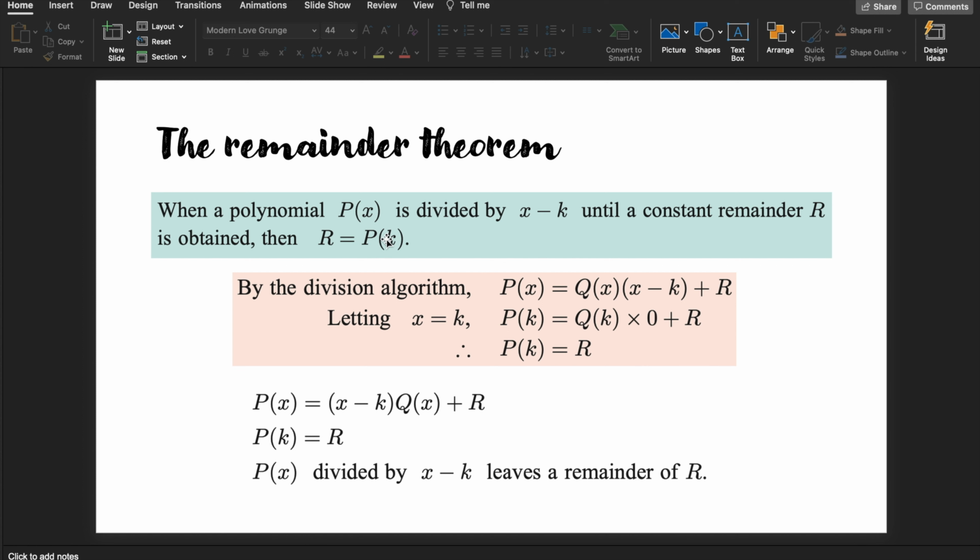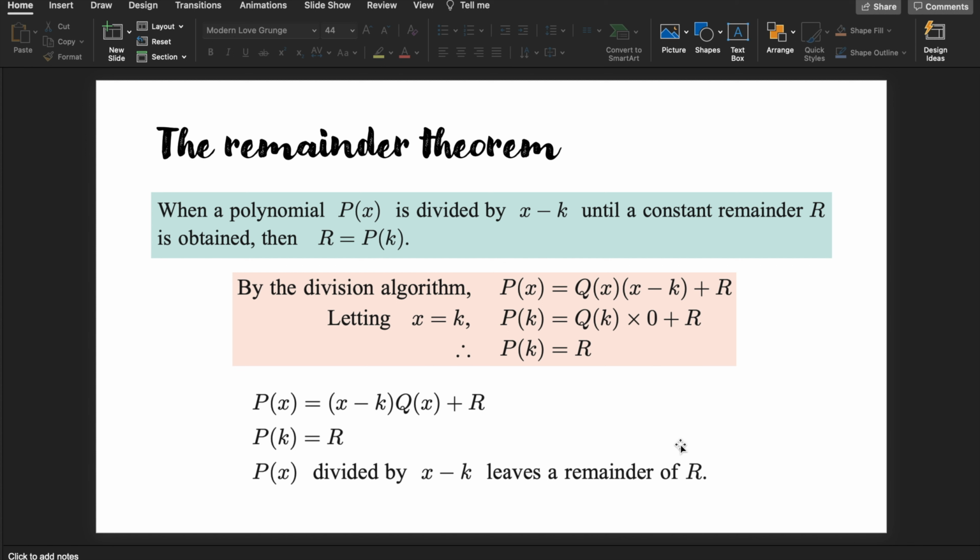So if we put the value of k into the equation, we get p of k equals q of k into k minus k. It doesn't matter what value of quotient we get, but we just need to notice that this becomes 0. So when this becomes 0, this whole term becomes 0 because anything into a 0 is a 0. So we are left with the remainder.